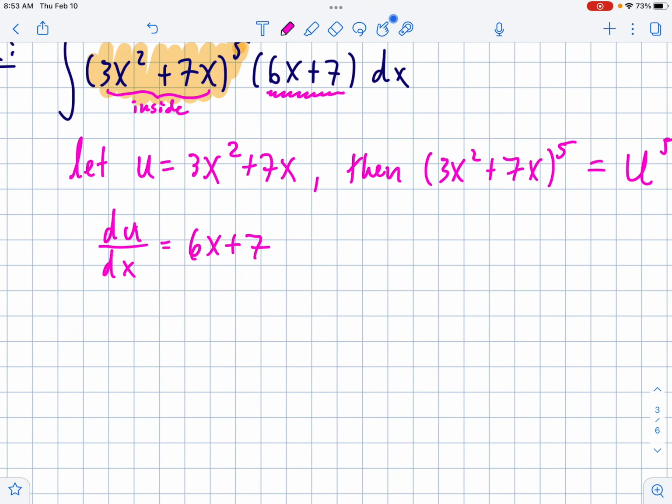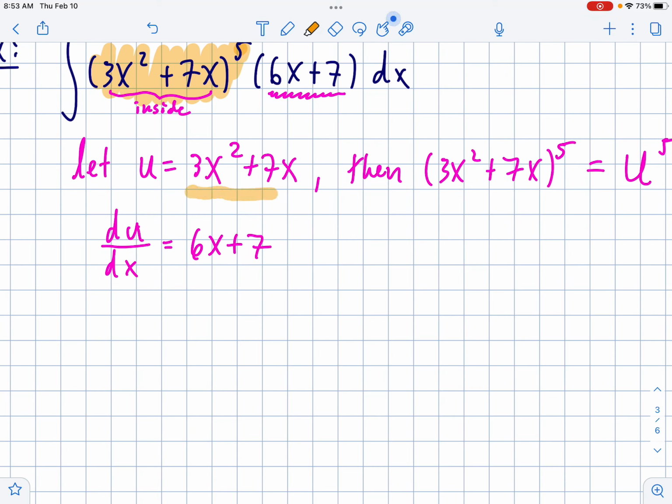Now, when you think about this du/dx, that's literally just the derivative of this right here. A derivative of u is, the power rule, bring the 2 out in front, and then the coefficient is just the 7.